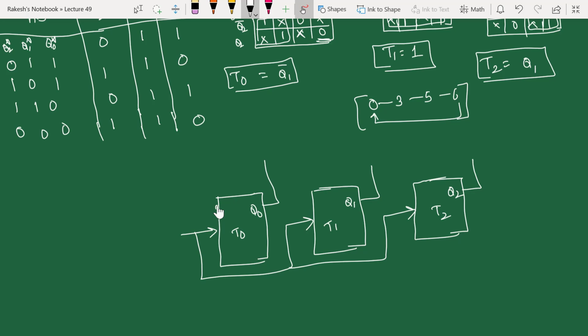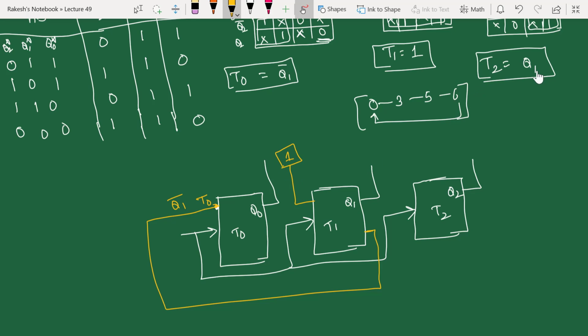Now I am going to give my inputs. So if you look here, T0 should be Q1 bar, that means I am supposed to take Q1 bar as an input here. This is my T0, this is Q1 bar, and T1 is always 1, so you always connect it to 1, and T2 is Q1, that means you are supposed to give this as input to T2.